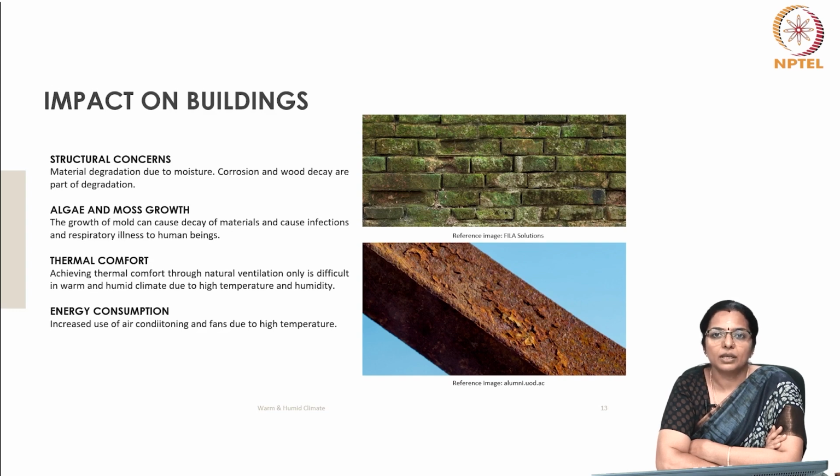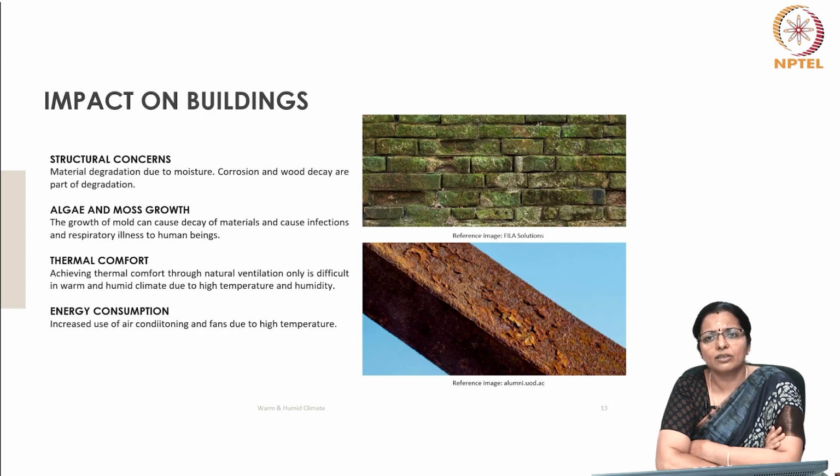If we look at thermal comfort, achieving thermal comfort through natural ventilation is difficult in a warm humid climate because of the high temperature and humidity, but also because of low wind speeds. Therefore, there has to be support of external wind speed in order to have thermal comfort.